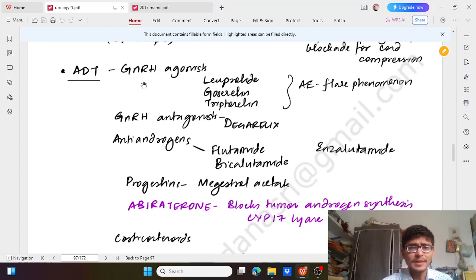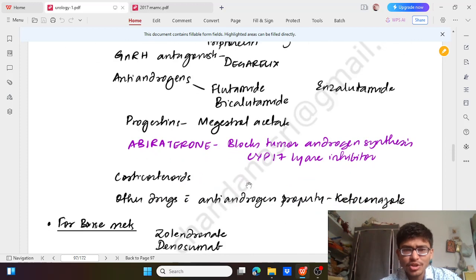Androgen deprivation therapy with the help of GnRH agonists, leuprolide, goserelin and triptorelin, the adverse effect being flare phenomenon. GnRH antagonists like degarelix, anti-androgens like flutamide, bicalutamide and enzalutamide, and progestins like megestrol acetate.